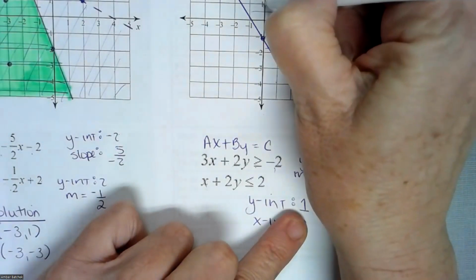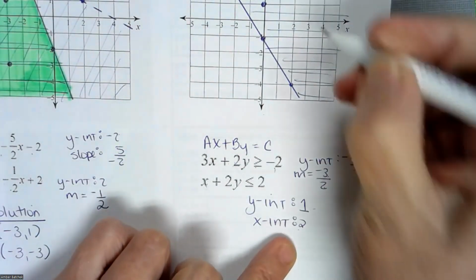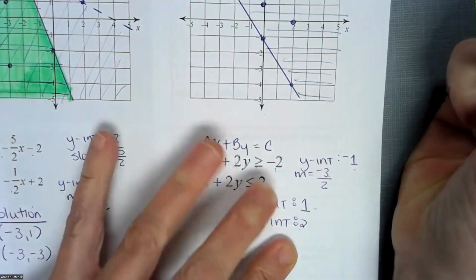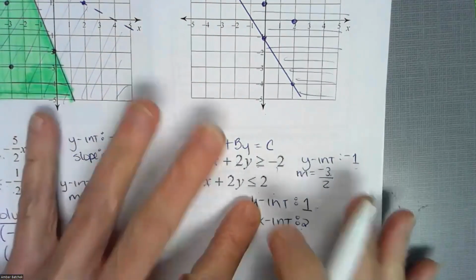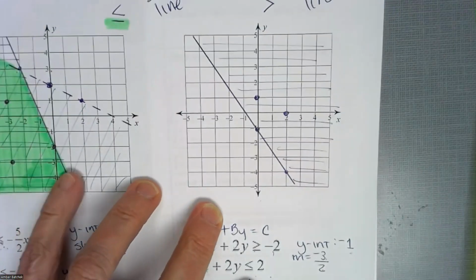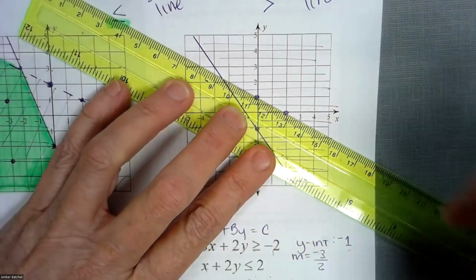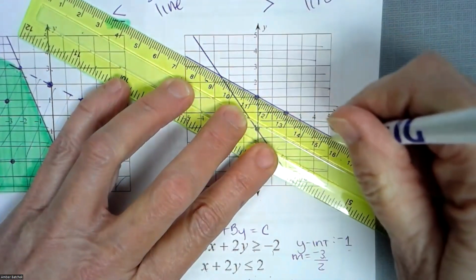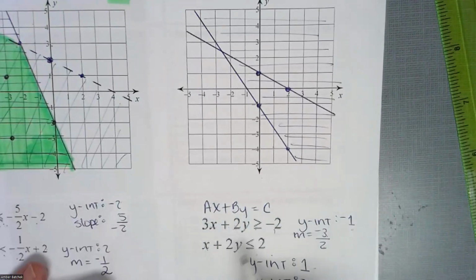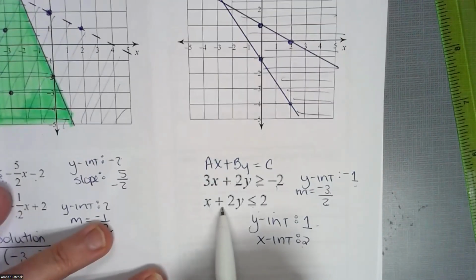So y-intercept is 1. X-intercept is 2. And now this has an equal to bar, so we need a solid line. This is shaded below, and again, let's double check that y value is positive, so we're in good shape.